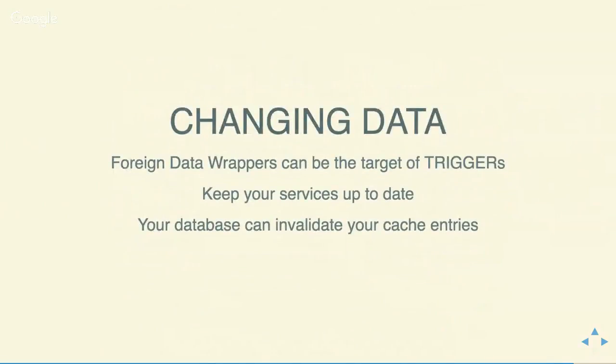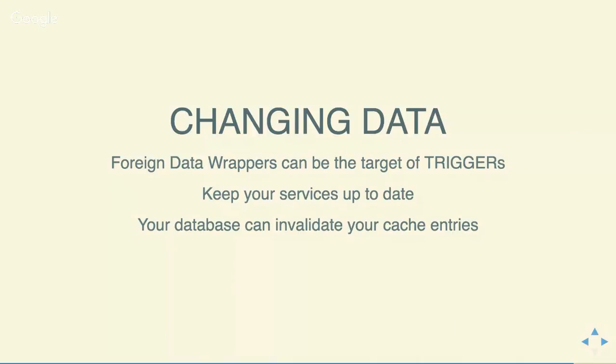Now, as I mentioned, you're able to change these remote services by issuing queries or updates against them. So foreign data wrappers are tables in every sense of the word, and they are completely legitimate as targets for triggers.